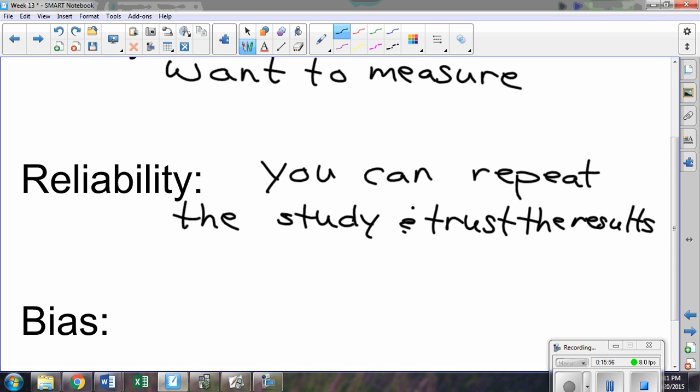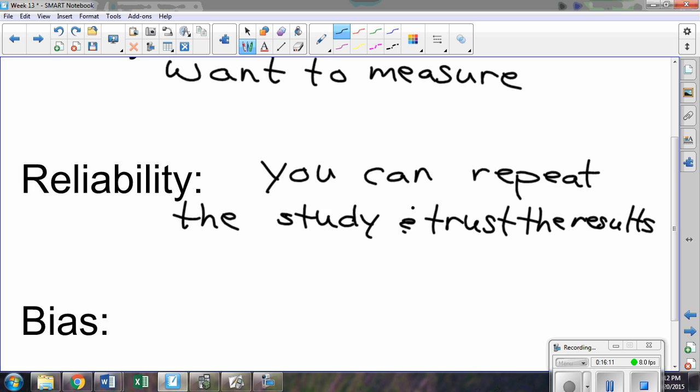Reliability means you can trust the results. If you do it over, you're going to get something. We know just because of probability, dumb luck can happen. It's not going to be absolutely perfect, but it should still be close.